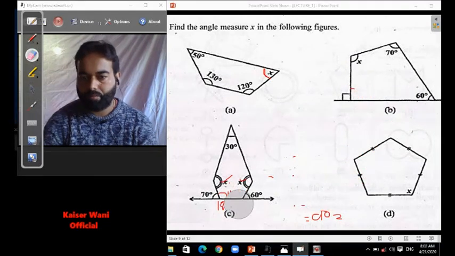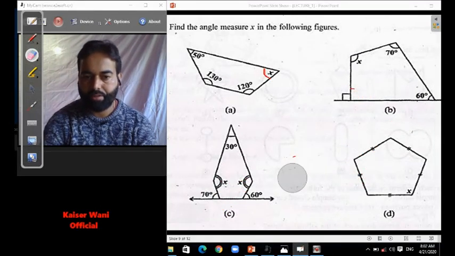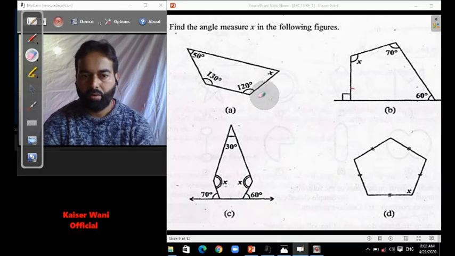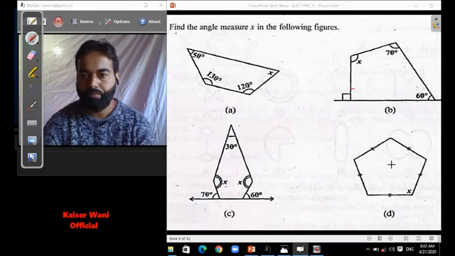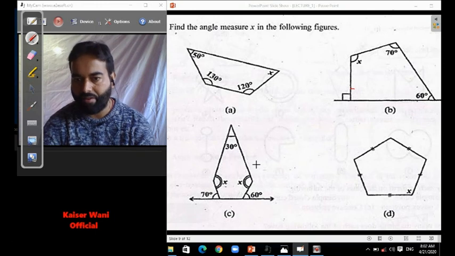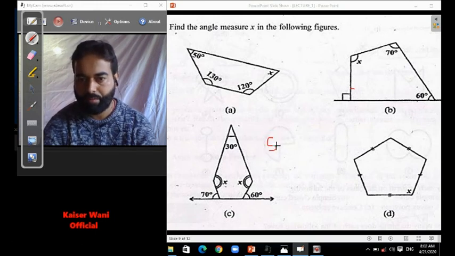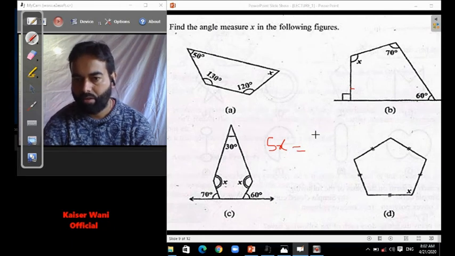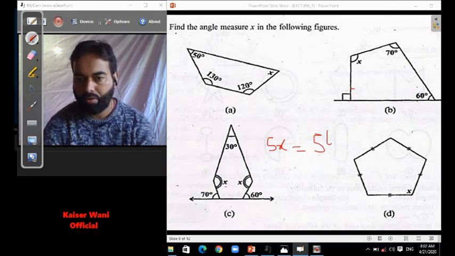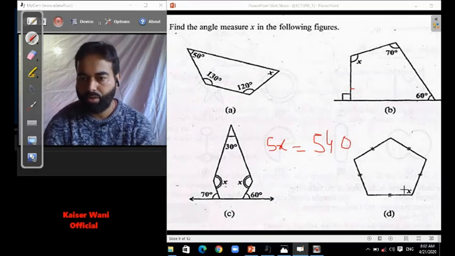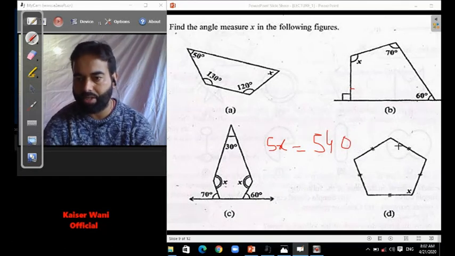Likewise, in this last figure, we can calculate all angles easily. How many angles? 5 angles, meaning 5 times x is equal to 540, because it is a regular polygon. All angles are equal. So if this is x, this will also be x.